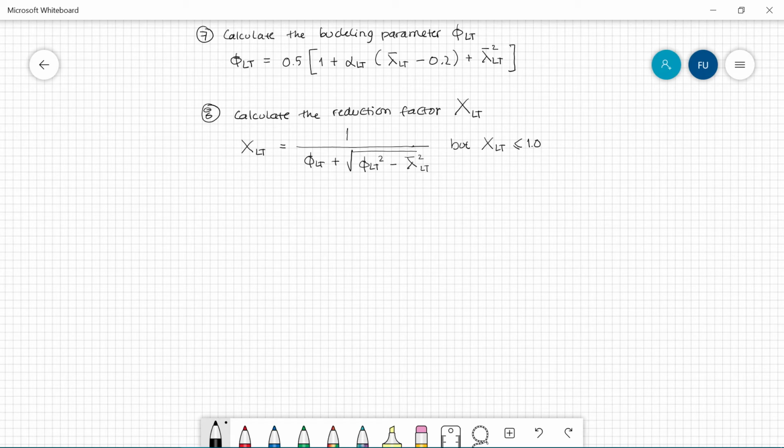This is the limit, so there should be a reduction.